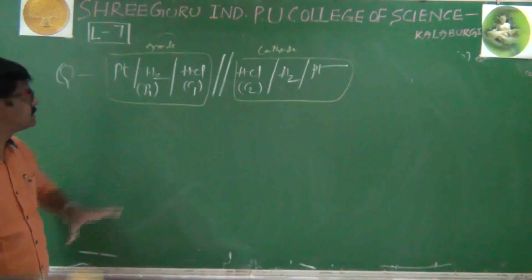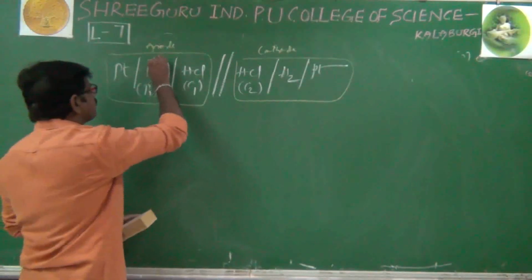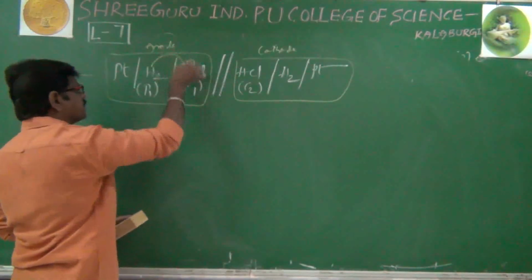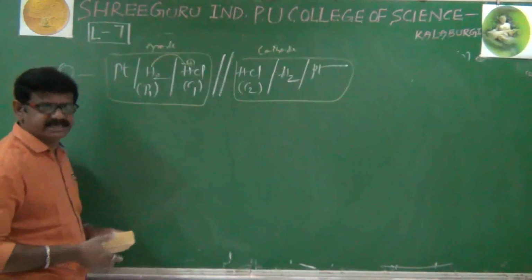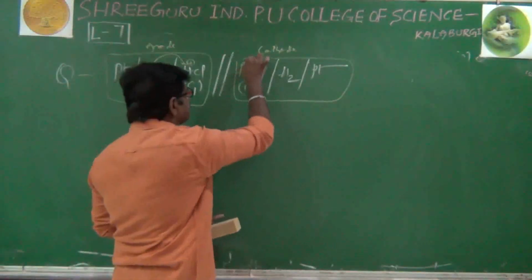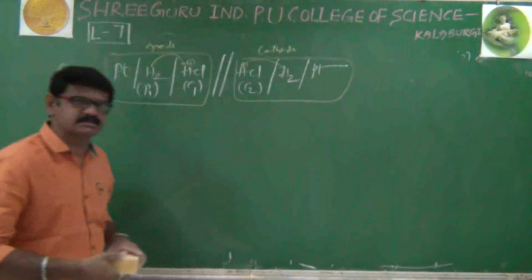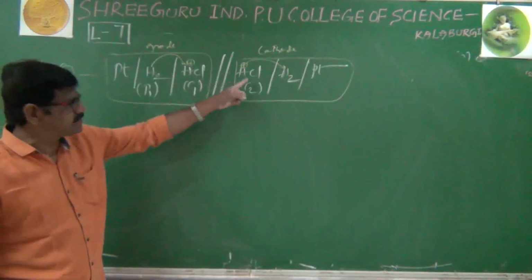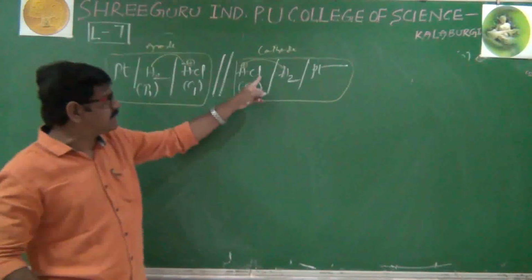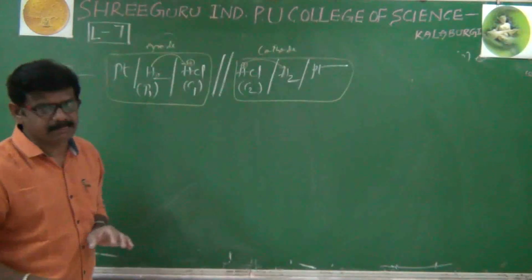And one more thing is that here H2 is converted to H plus because HCl is nothing but H plus, which is oxidation. And here H plus is converted to H2, which is reduction. Because of oxidation it is the anode, because of reduction it is the cathode, that's all.